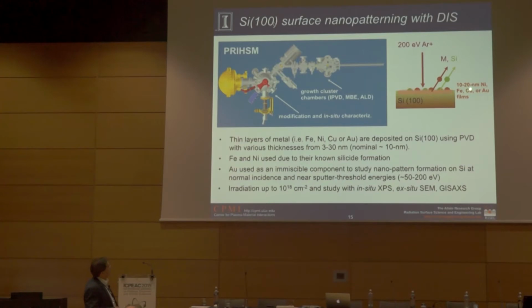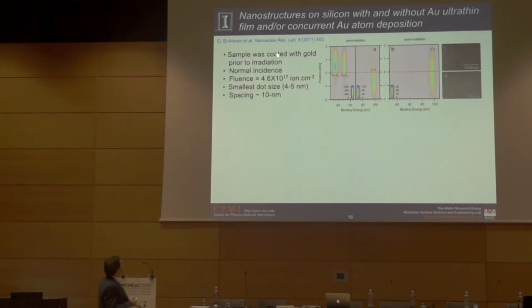And so what we did is vary the types of films, different metal silicide formation, if you will, with the samples, and we measured in situ with XPS. We had a sample that was covered with one of these metal thin films.